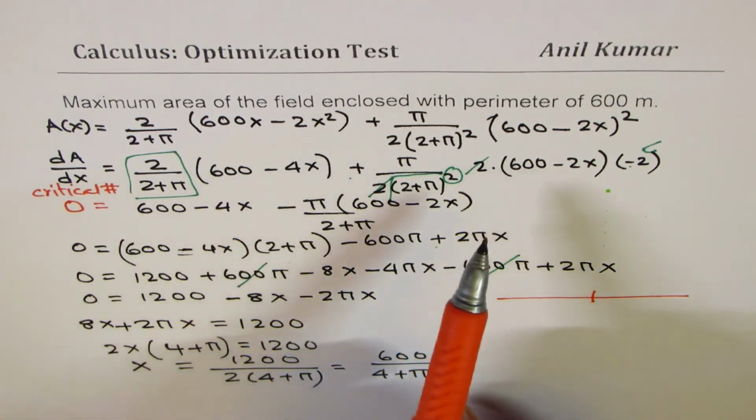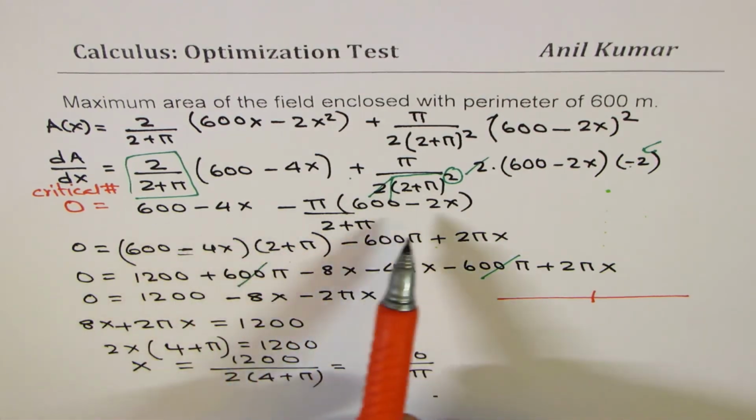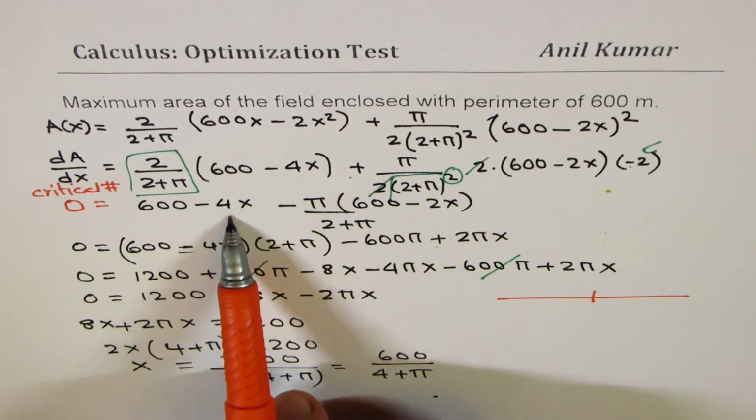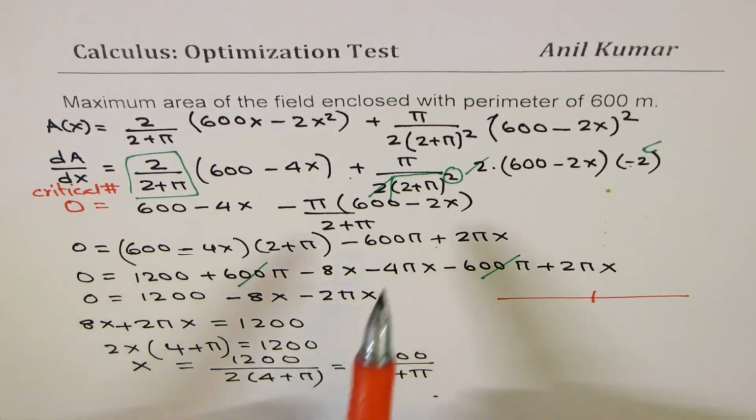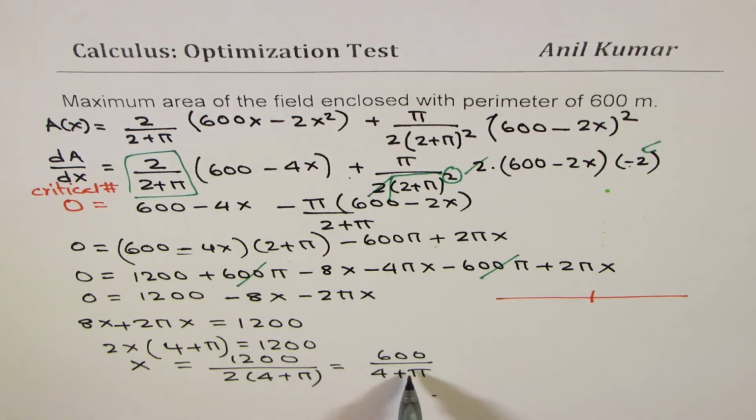We have dA/dx expression, which is kind of simplified in this form here. So in this simplified form, we can substitute a value which is more than this and which is less than this to find the answer, right? So that is what can be done.